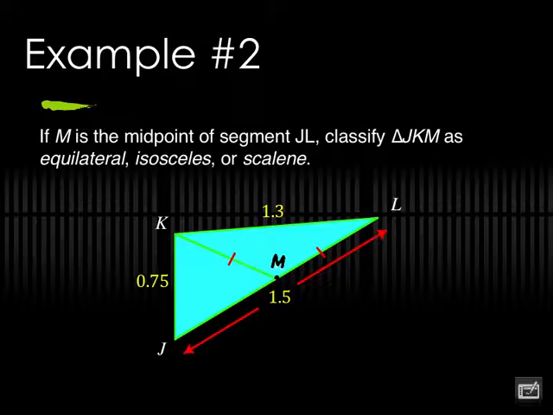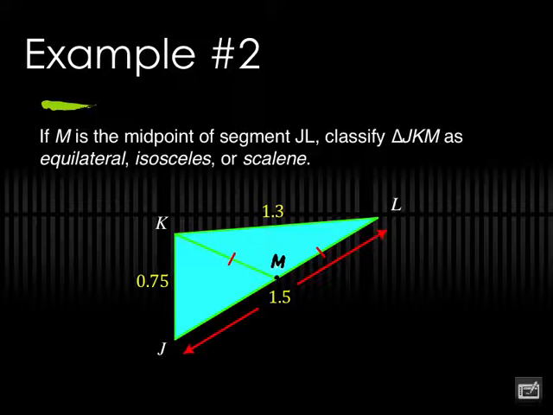Is the line that separates JKM and KML right in the middle? So the length is 1.5 at the base? So you can divide 1.5 by 2.